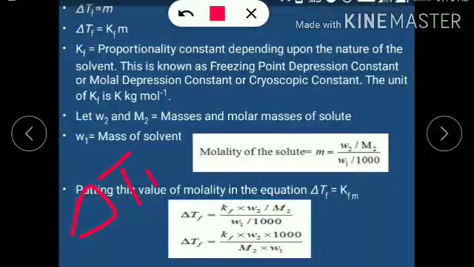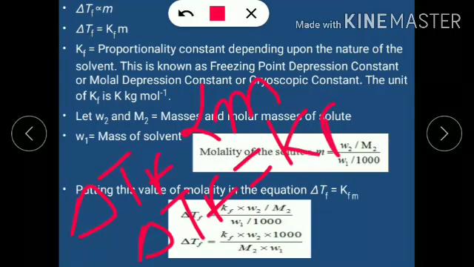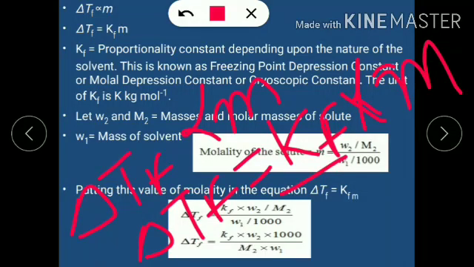Delta Tf is directly proportional to molality. If I remove the proportional sign, then I get delta Tf equal to Kf multiplied by m, where Kf is the freezing point constant, and m is the molality.